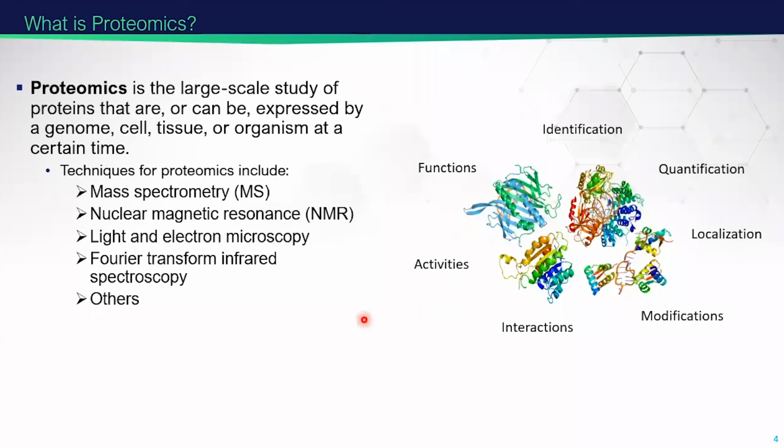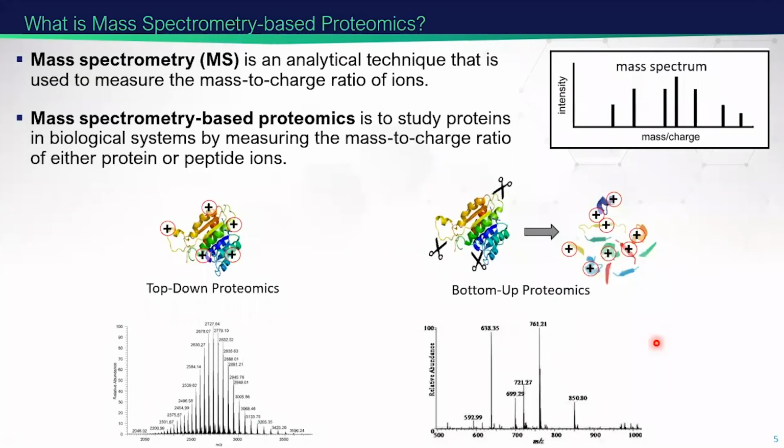There are many techniques you can use to study proteomics, like mass spec, NMR, and some microscopy and spectroscopy techniques. But today we are going to mainly discuss the mass spectrometry approach for proteomics. Mass spectrometry is a technique measuring the intensity over the mass to charge ratio. So you will get a mass spectrum of m over z, which is the mass to charge ratio.